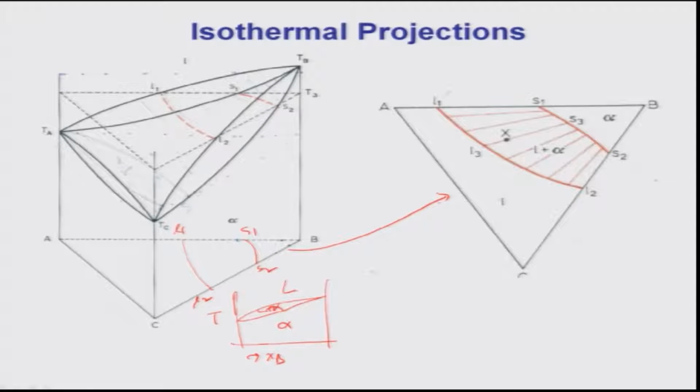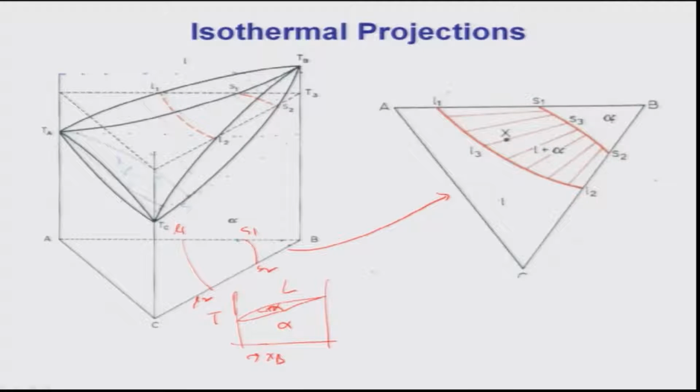So, this is basically a projection of the ternary section at temperature T3 plotted onto the Gibbs triangle, and it looks like what is shown on the right side picture. Again, L1, L2 is the liquidus projection at temperature T3, and S1 and S2 are the solidus projection at temperature T3.